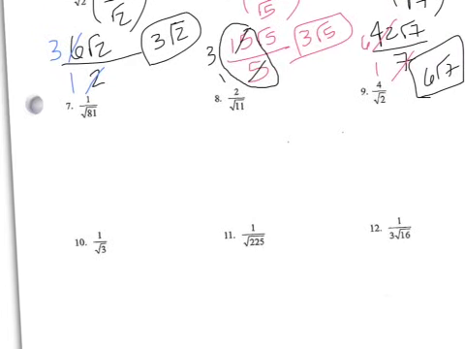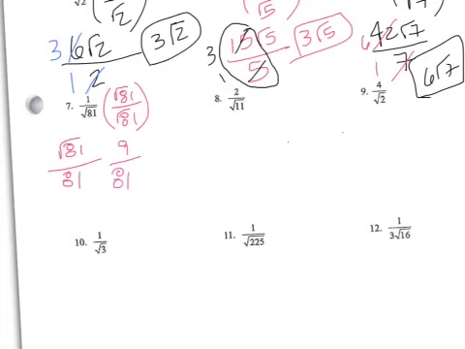So, number 7. We're going to multiply the top and the bottom by root 81 over root 81. And you're going to wind up with root 81 over plain 81, which actually reduces into 9 over 81, which is equal to 1/9.